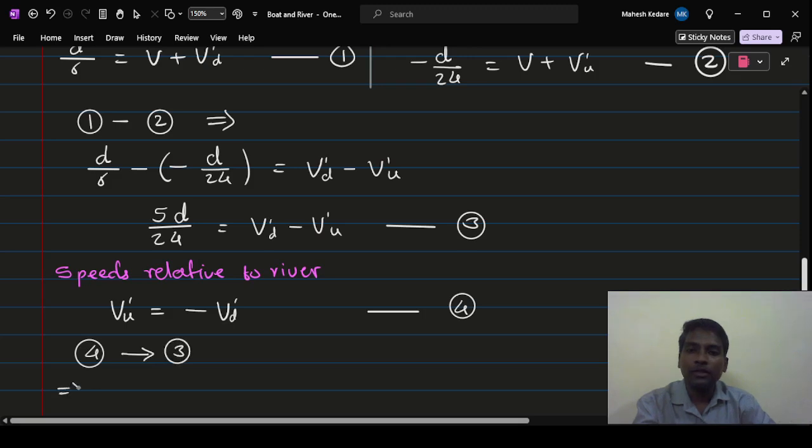it gives us 5d by 24 equal to V dash d minus minus V dash d.